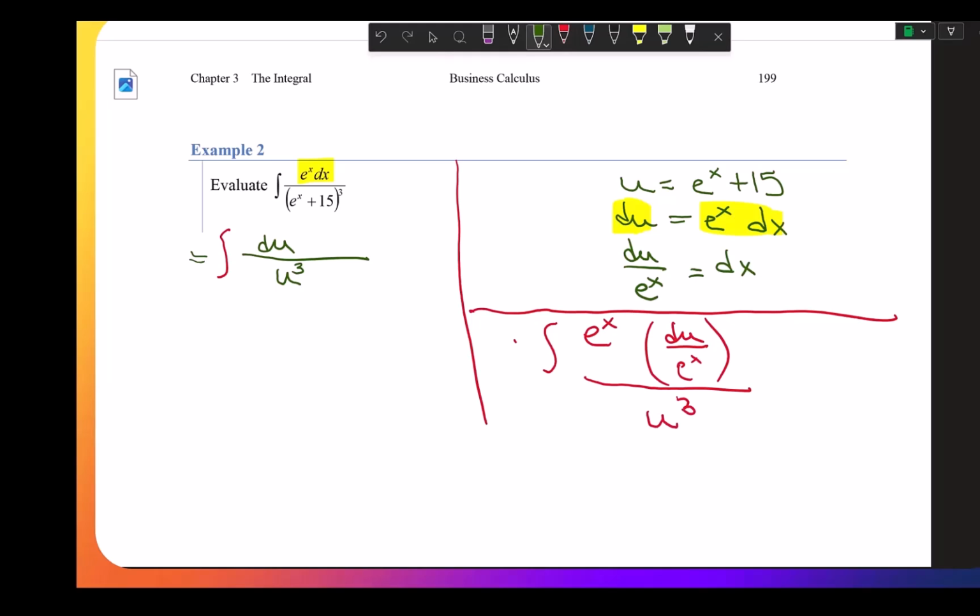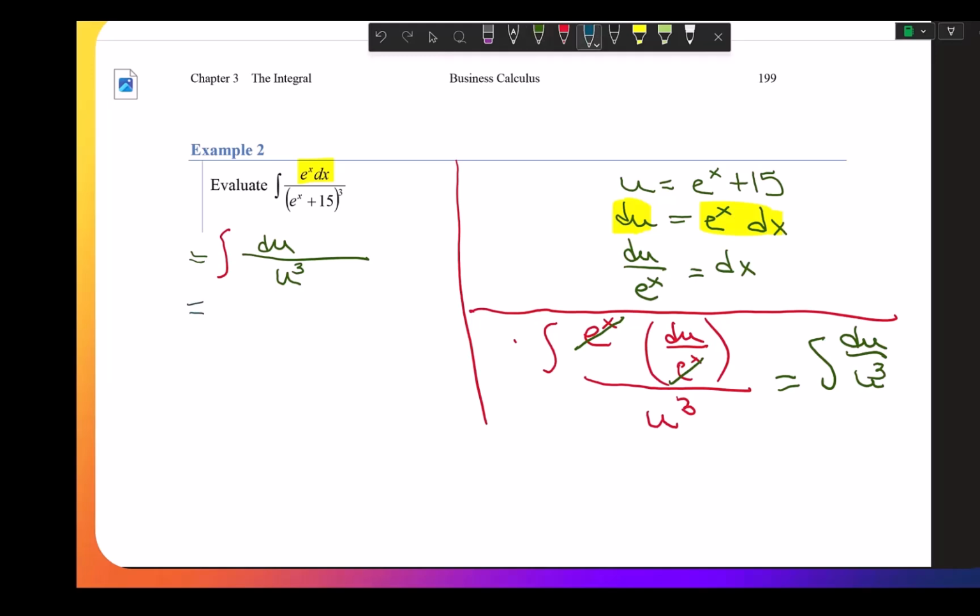So this is u to the 3rd power, and notice this e to the x cancels with this e to the x, and I end up with the same integral of du over u to the 3rd power. Either way is fine, whichever way you like.